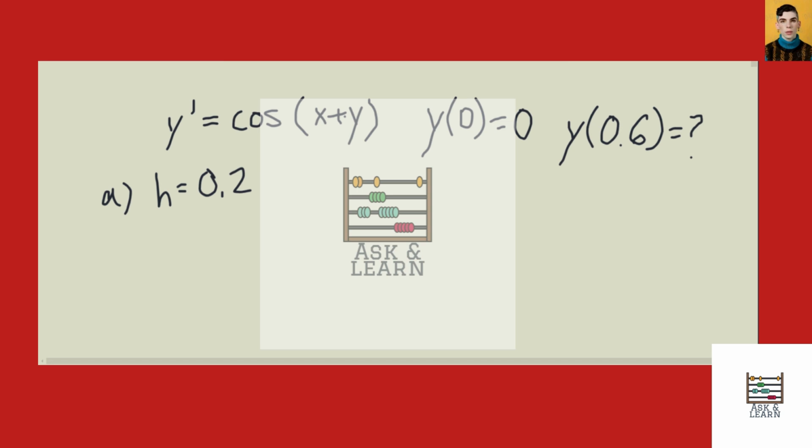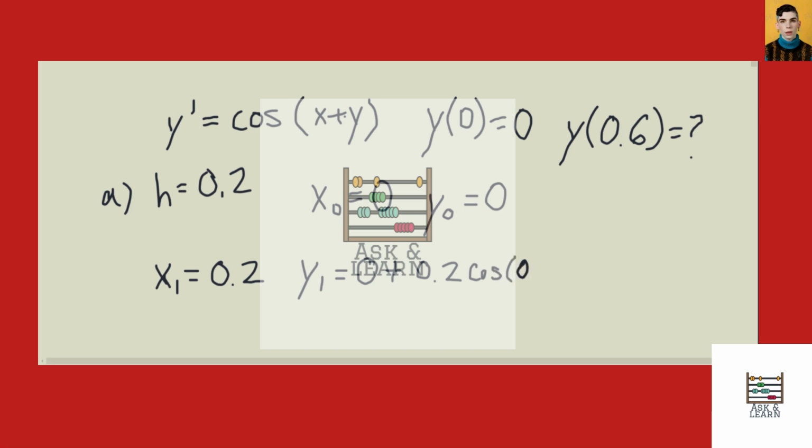From our initial value, we have that x0 is equal to 0, and y0 is y of x0, which is equal to 0 as well. x1 is x0 plus our step size, so this is 0.2. y1 is equal to y0, which is 0, plus our step size, times the function cosine of x plus y evaluated at x0, y0, which is simply cosine of 0, which is 1.